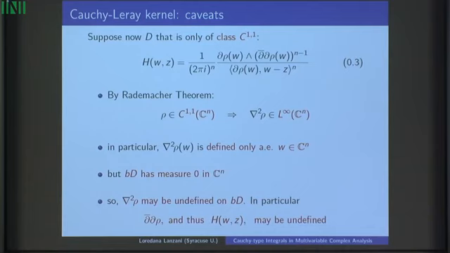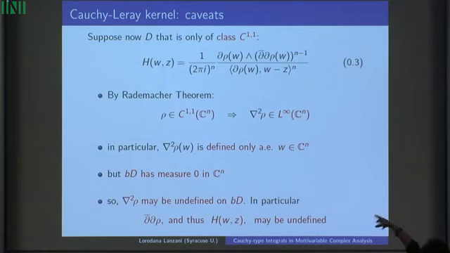But let me give you a little bit of a sense of what's the trouble when you try to study these problems under minimal regularity assumptions. So suppose now that your domain is not of class C2, it's only C1,1. What's the enemy there? The enemy are those two derivatives in the numerator. Because what you know is that your function is of class C1,1, so its second derivatives are in L infinity.